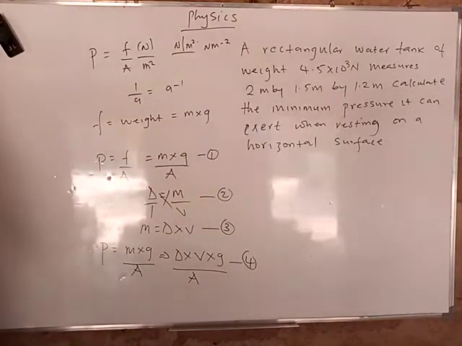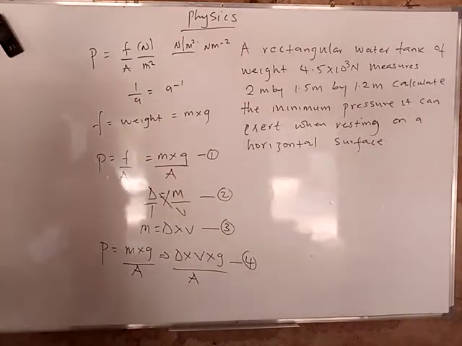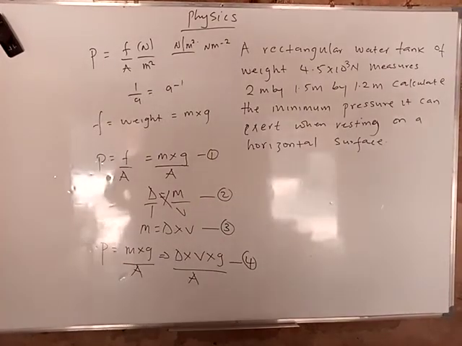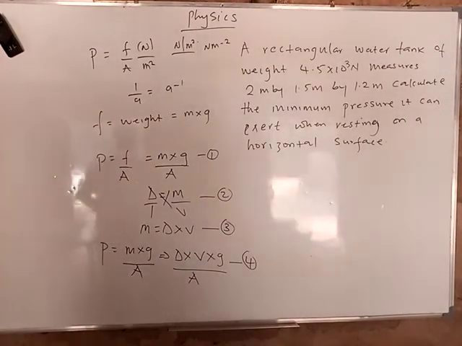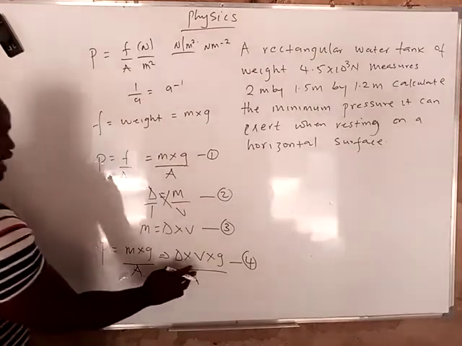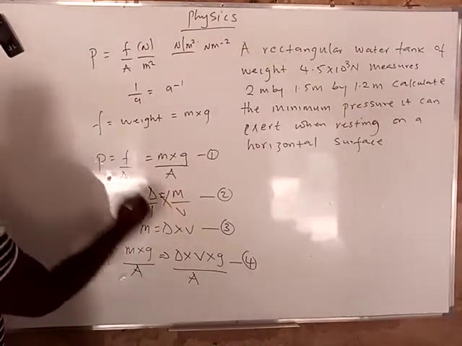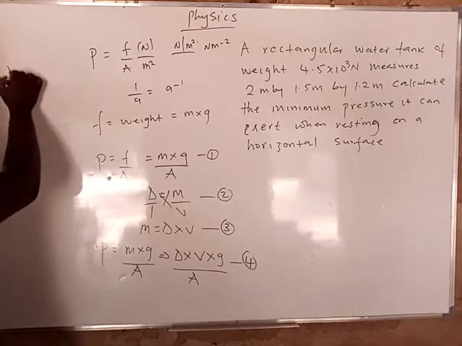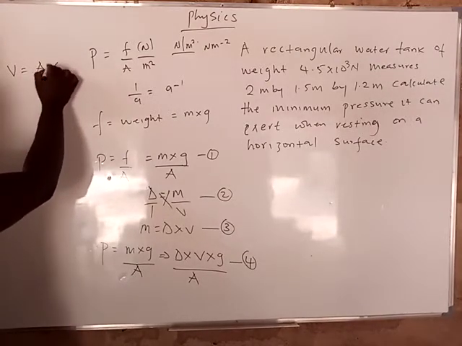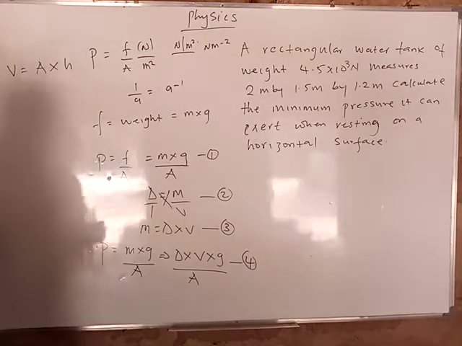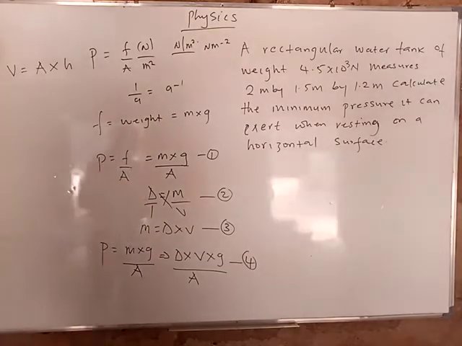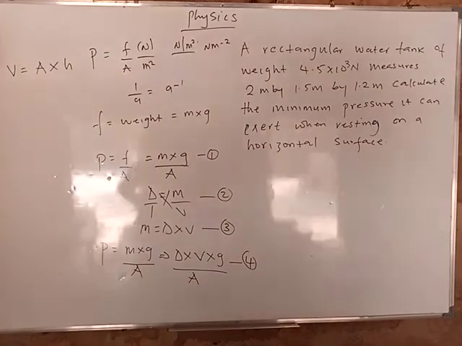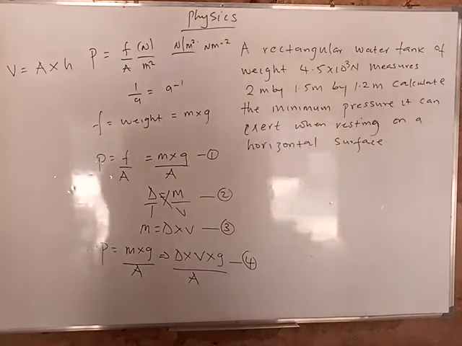Now look at what I want to do right now. Pay attention very well. We are in equation 4. Now I want you to know something. Volume is equal to area times height. Volume is area times height. Let me write it here.